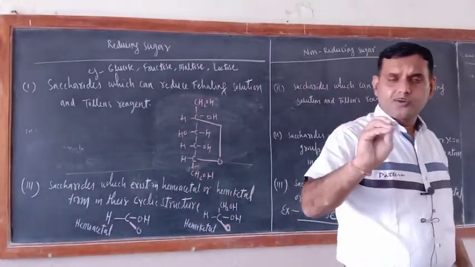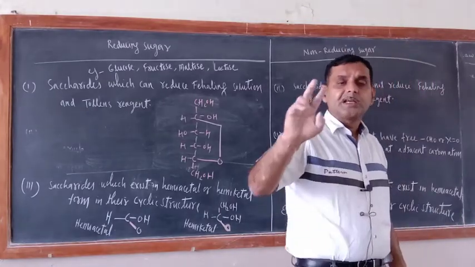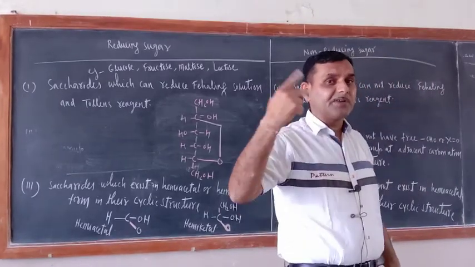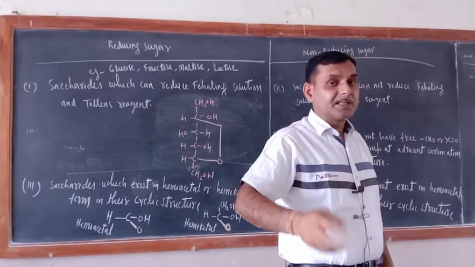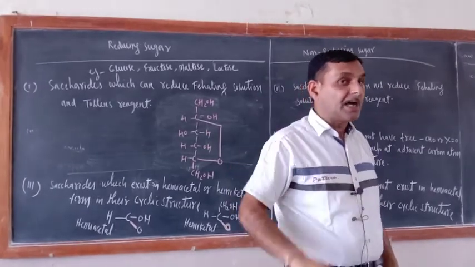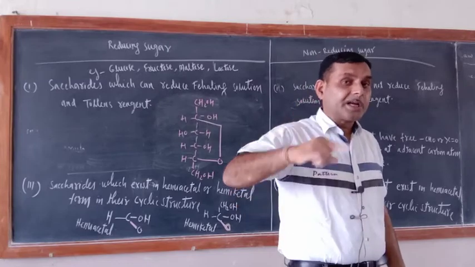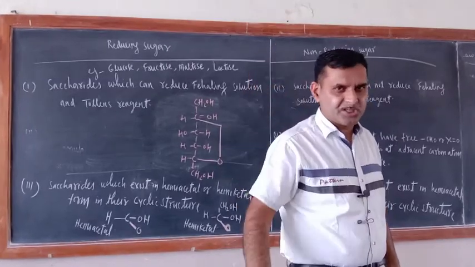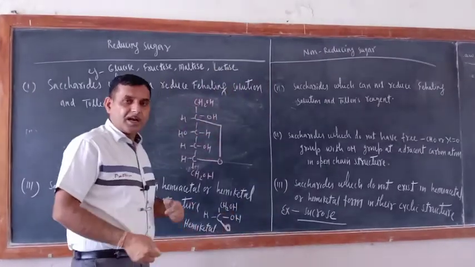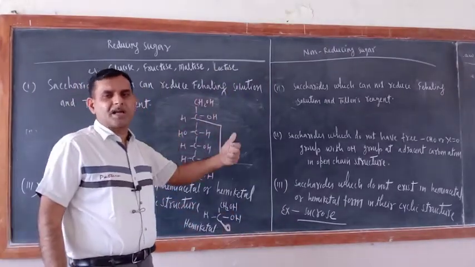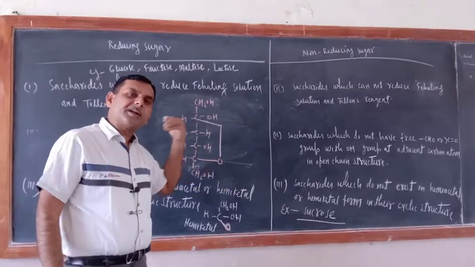Whenever fructose is treated with dilute alkali, it undergoes isomerization, and because of this isomerization, it gets converted into glucose.